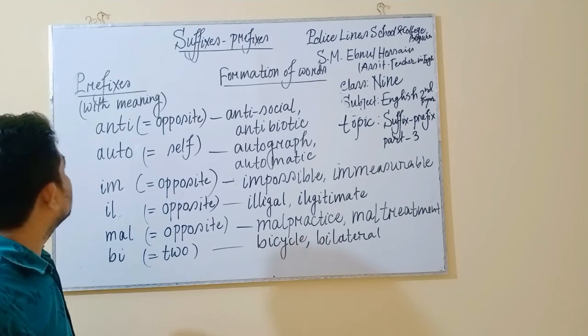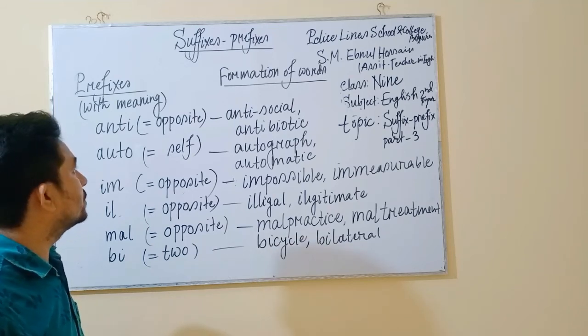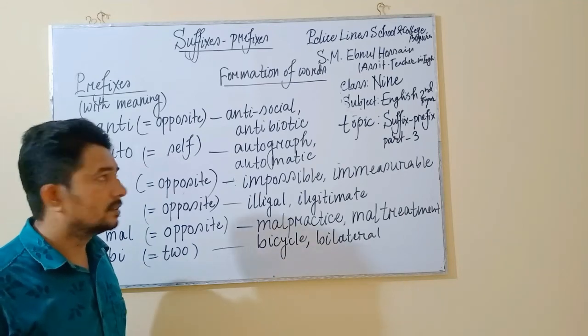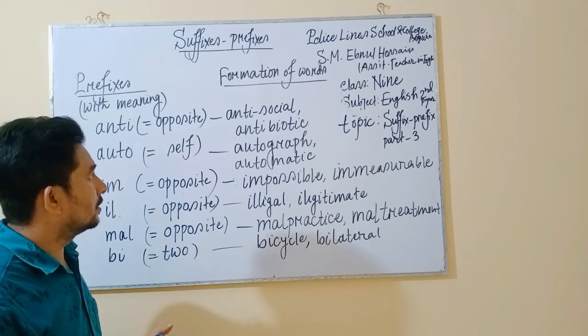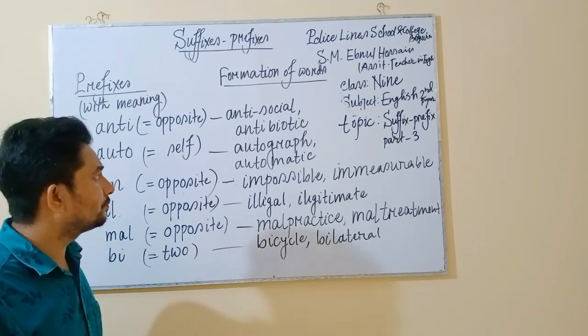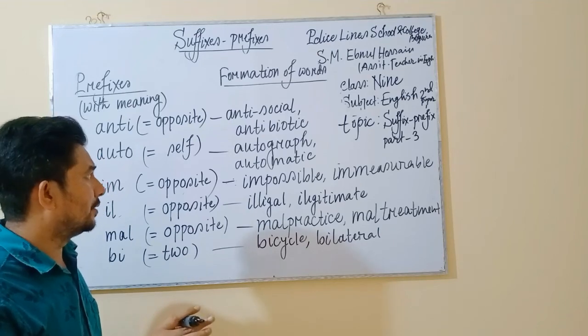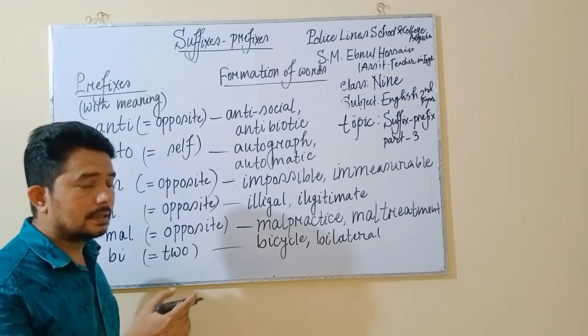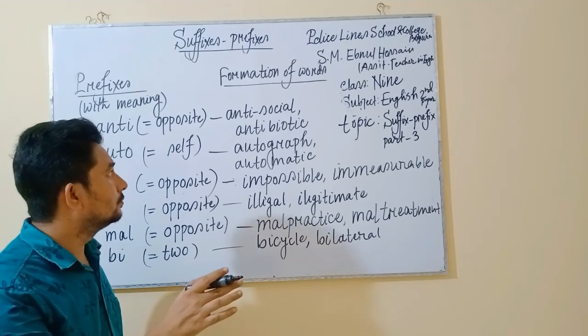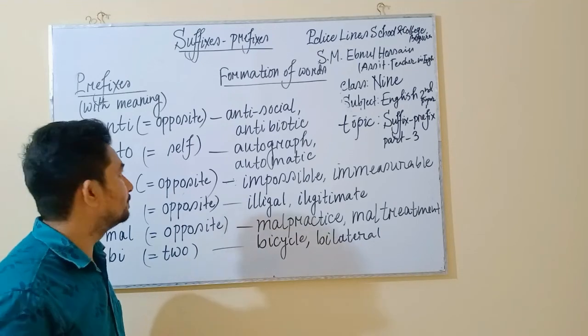We can see that ANTI, this prefix gives the meaning opposite, or it also gives the meaning against. That means antisocial gives the meaning against the society. Antibiotic, this prefix gives the meaning against the bacteria.